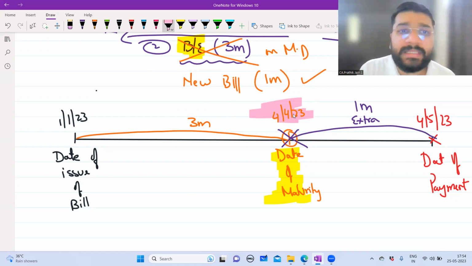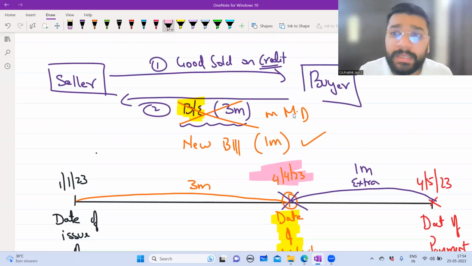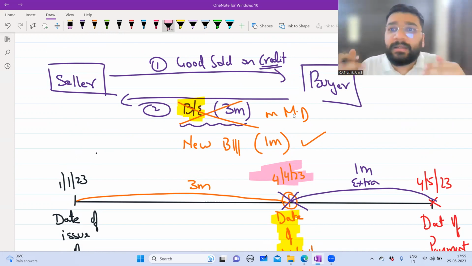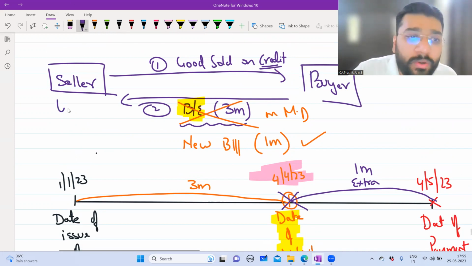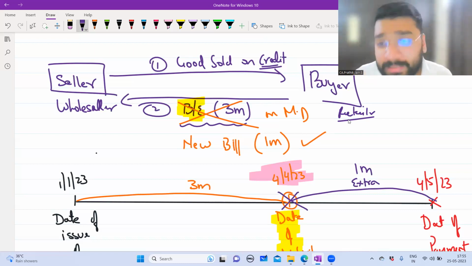For example, let's say the seller is in the business of buying and selling laptops. So he has sold his laptops in bulk to the retailer. Now, guys, this seller is a wholesaler and this guy is a retailer. The retailer will buy in bulk from the wholesaler and sell it to the customers.